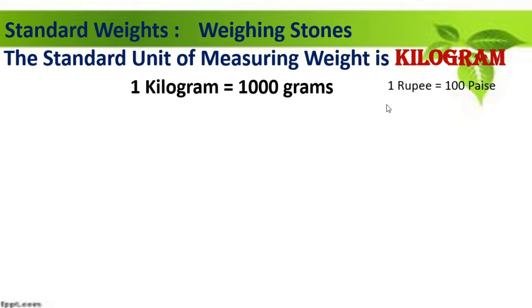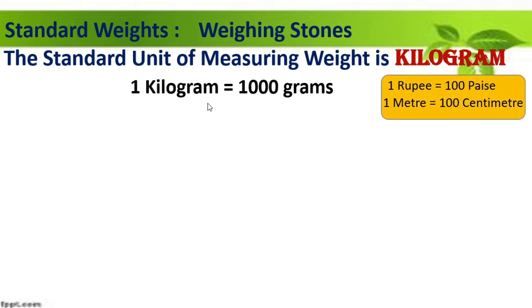Here you know that 1 rupee is equal to 100 paisa, right? Like that 1 meter is equal to 100 centimeter, right? Like this only, here also 1 kilogram is equal to 1000 grams. And the short form of kilogram is kg. Okay, the short form is 1 kg.